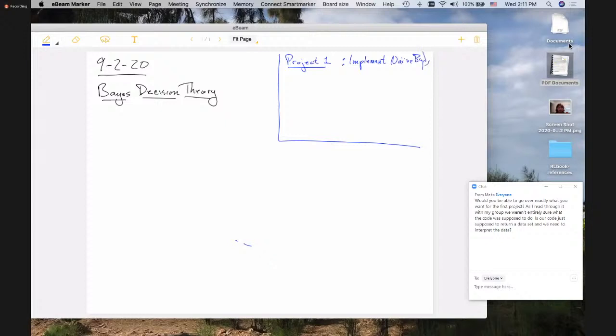And now the question becomes, what is naive Bayes? Well, this is an example of supervised learning, where in particular, you're doing classification.